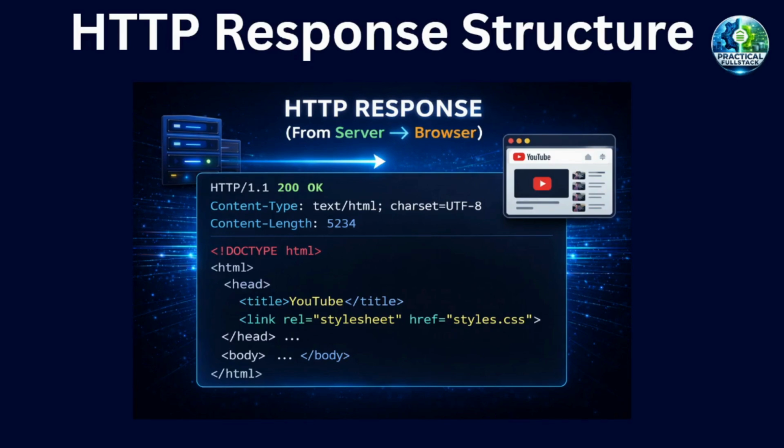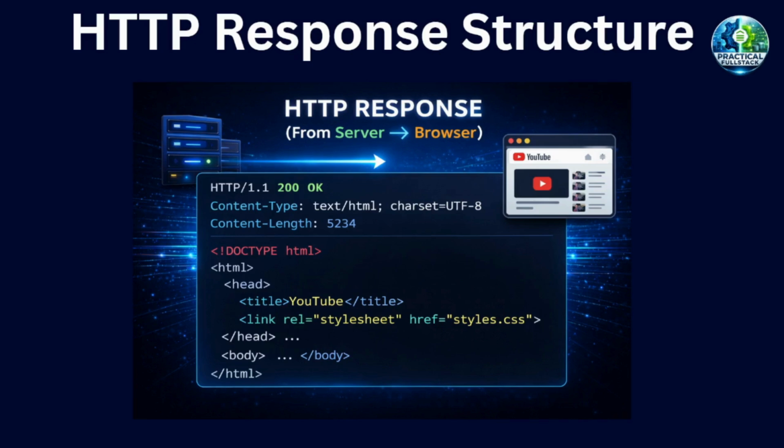Next, the response includes headers, which provide additional information about the response. For example, the Content-Type header tells the browser what type of data is being sent. Here it says text/html, which means the server is sending an HTML document. Then we have charset=UTF-8, which tells the browser which character encoding is used to represent the text in the document.